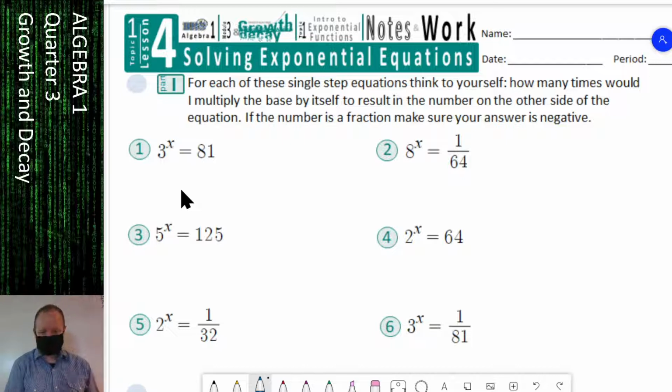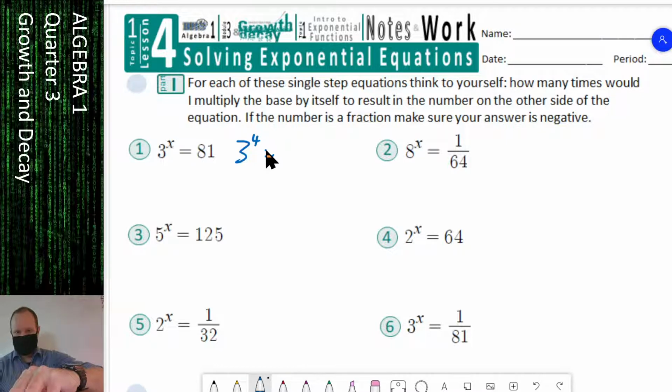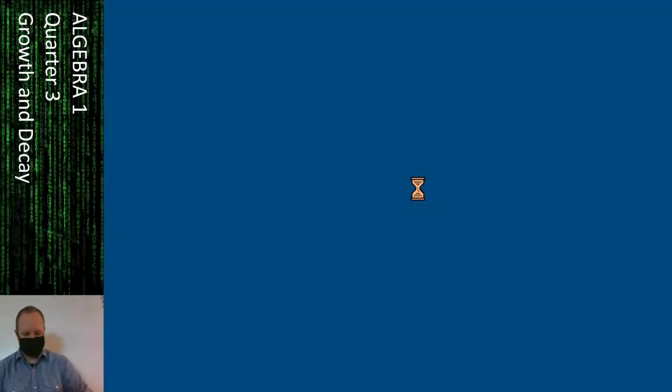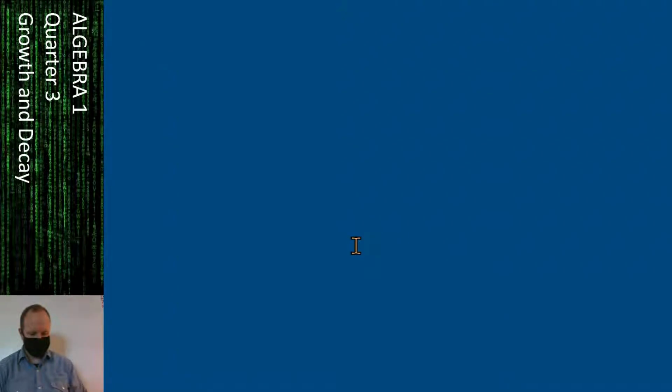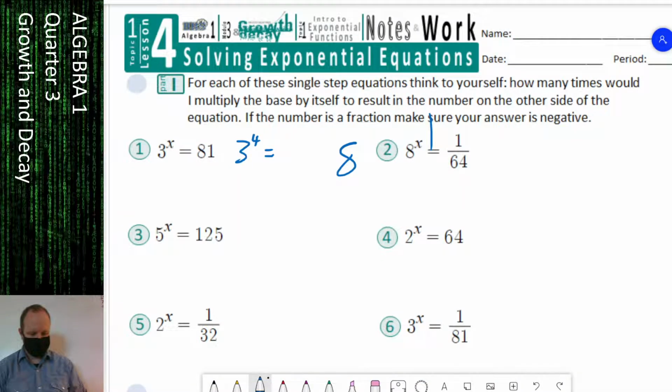Write down 3 to the 4th power equals 81. All right, so that's telling us what the x is, right?